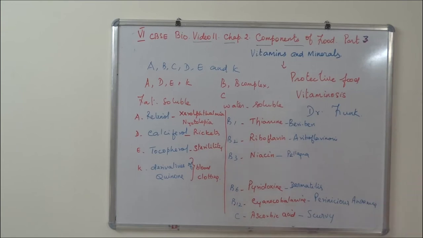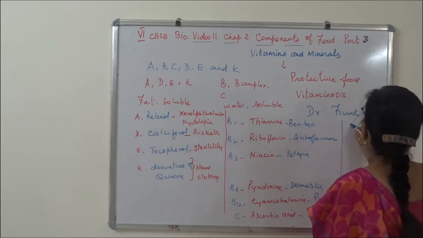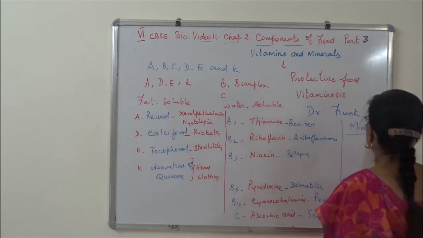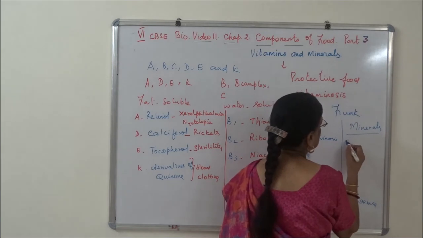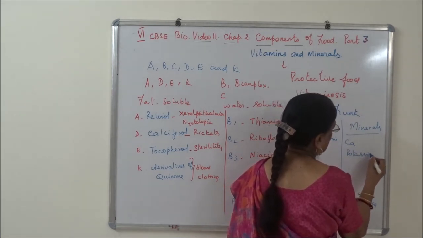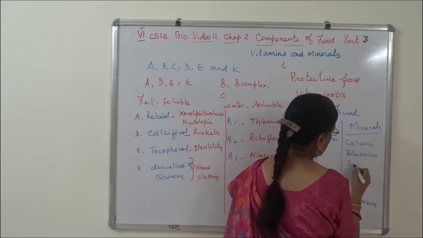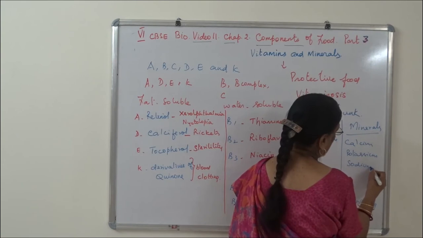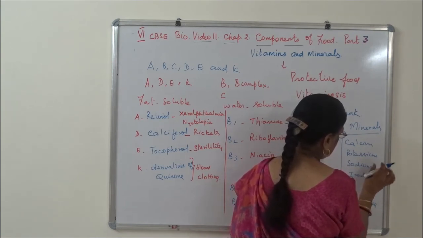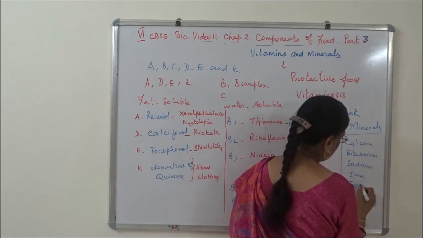And then the next one is minerals. These minerals are also required in smaller quantity: calcium, potassium, sodium, iron, and iodine.